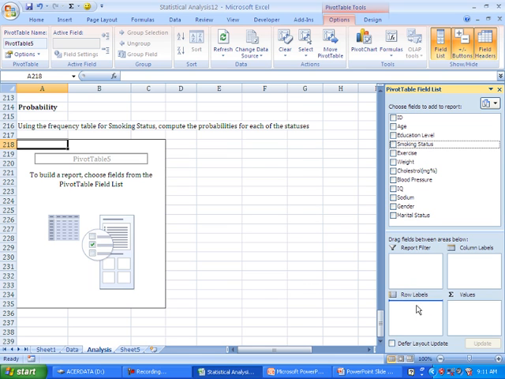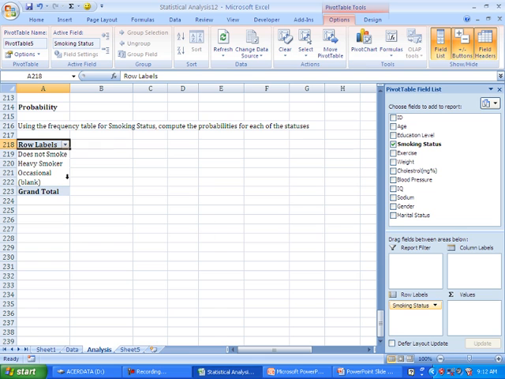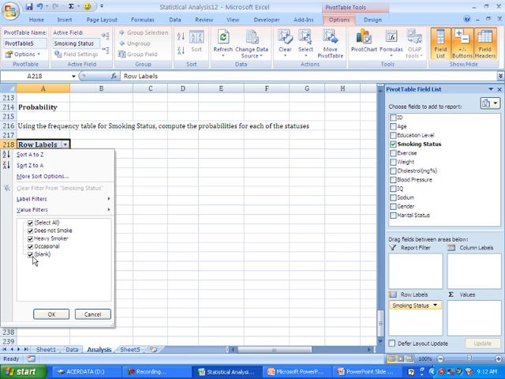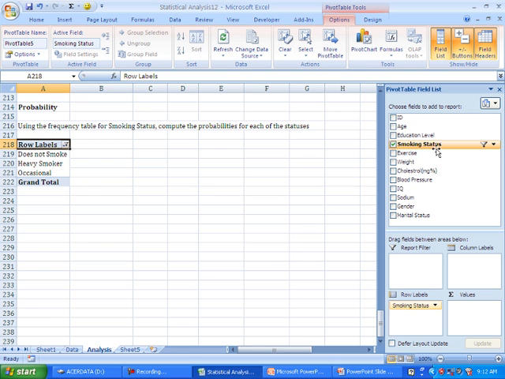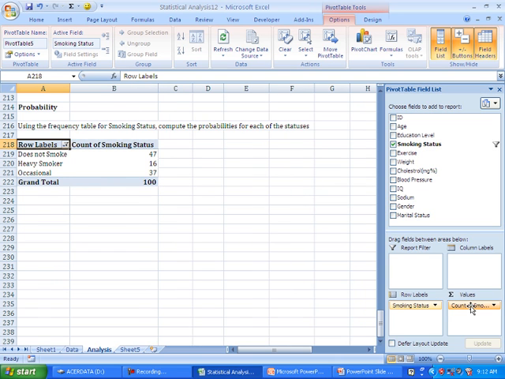So I'm dragging this into the row labels, and here I don't want the blank smoking status, so I'm removing the blank, and probably the smoking status, again I'm dragging it onto the value label. So overall it is giving me the count of 47 people do not smoke, 16 are heavy smokers, and 37 are occasional smokers. So here the thing is very simple.